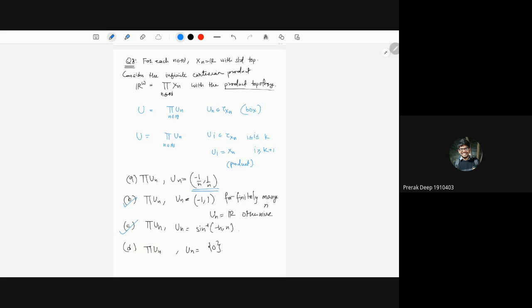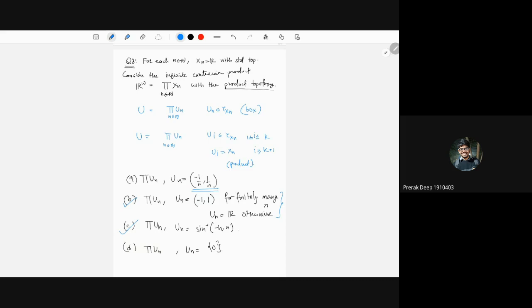So this will be an open set in the box topology, but it is not open in the product topology. And this is also a counterexample showing why the product topology is coarser than the box topology. Now, the second option is correct because only finitely many Un are intervals and the rest of them are the whole space R. So this exactly fits the definition.